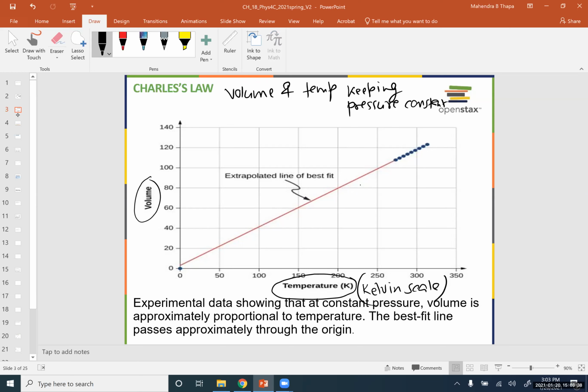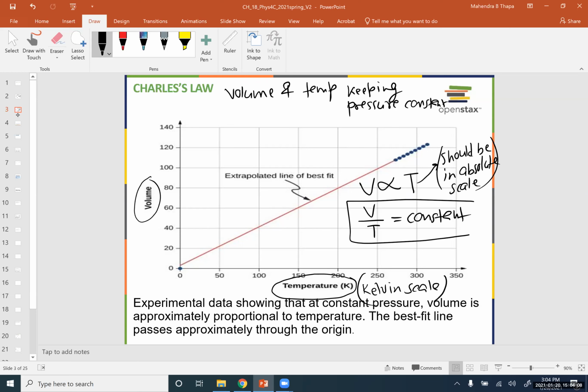So volume is proportional to temperature, but be careful that this temperature should be in Kelvin, in the absolute scale. This gives the idea that the ratio V over T is always constant, but we have to keep pressure constant throughout the system.